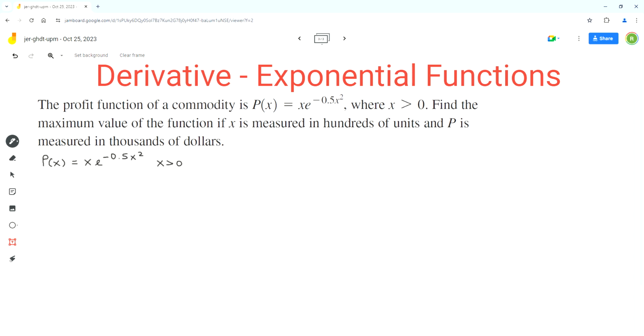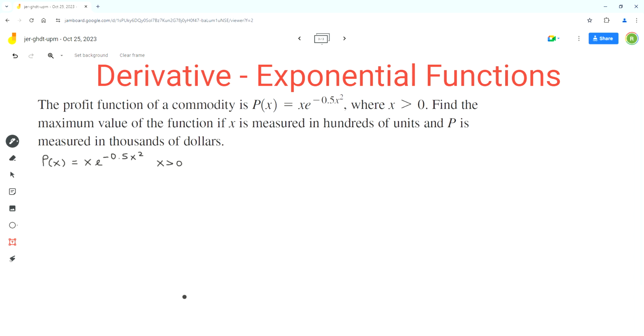So we have to find the derivative of this function and then set the derivative equal to 0 to find the x value at which the tangent is horizontal, because at the maximum value the tangent will be horizontal, since it will be a peak in the graph of the function P(x). So let's start by finding the derivative of this function.